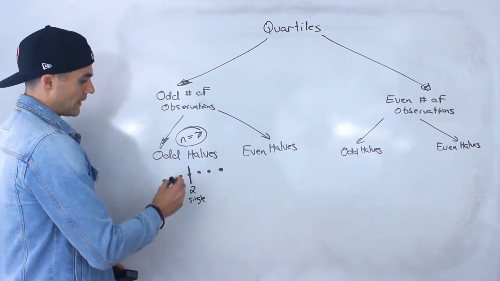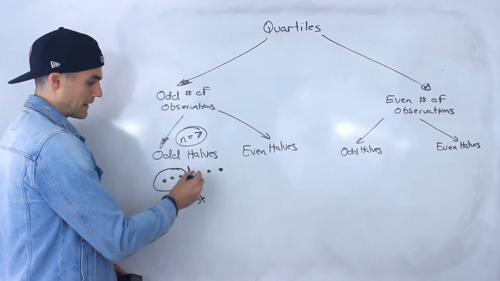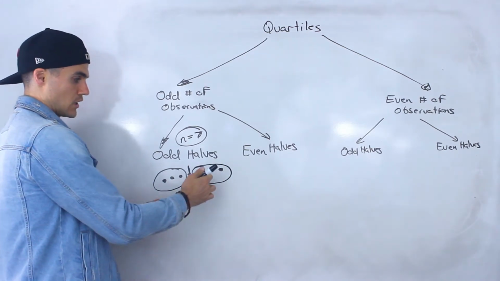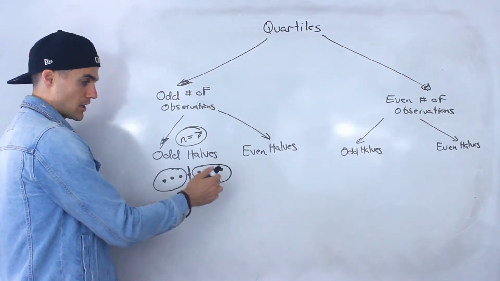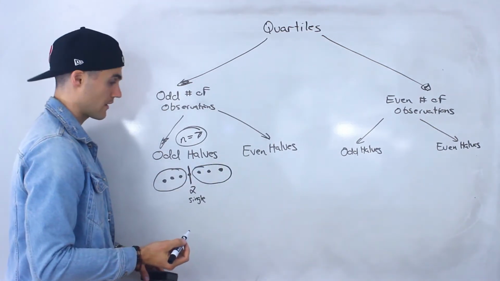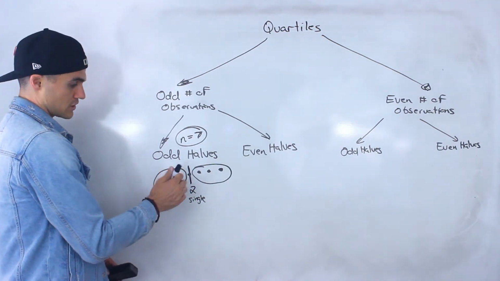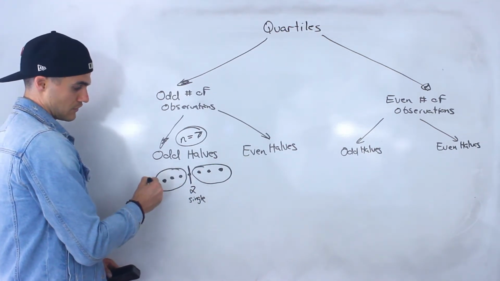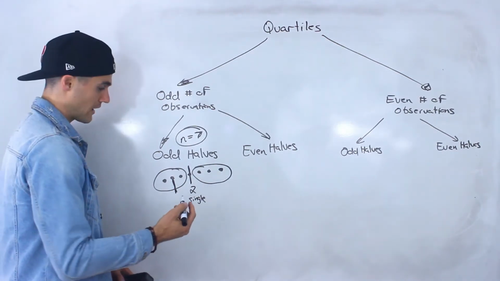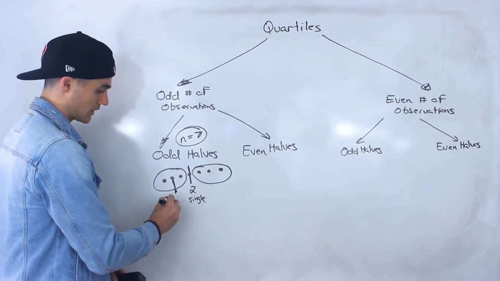And what I mean by odd halves is notice that the remaining halves, the remaining data on this half and then this second half, notice that they have an odd number for each of them as well. Notice there's 3 here and then 3 over there, which is an odd number. And so to find the first quartile, we've got to find the median of this data here, which would just be this value right there. It would be a single value because there's an odd number of observations in that group of data we're looking at.